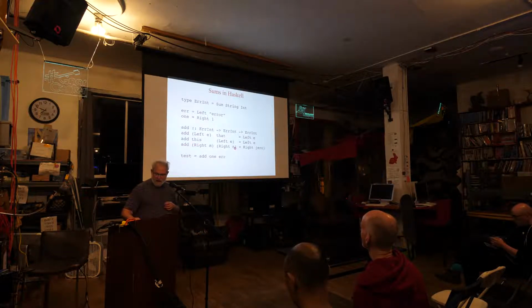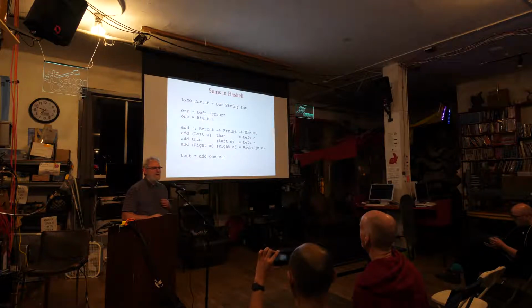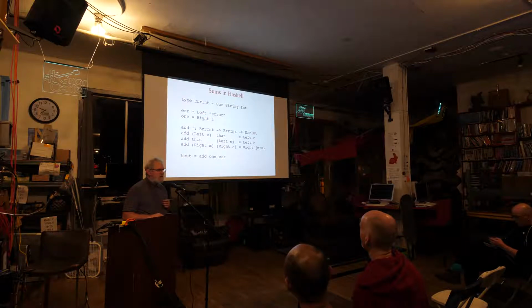And then if they're both Right, if we've got a Right of M and a Right of N, we just return Right of M plus N. And then test would be add 1 to error, as before. Okay. So does that help clarify what sum types are and how the bracketed F G thing is just a case expression?